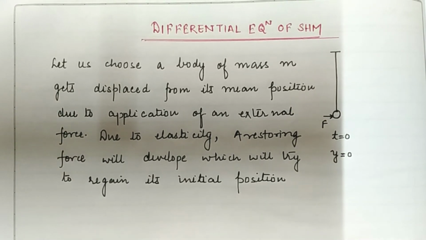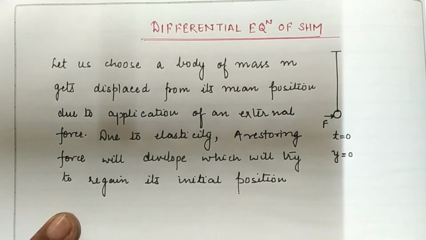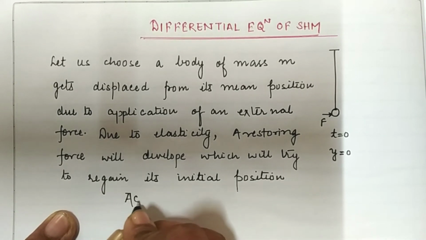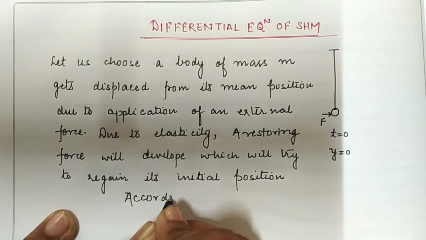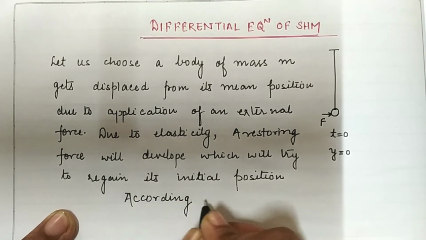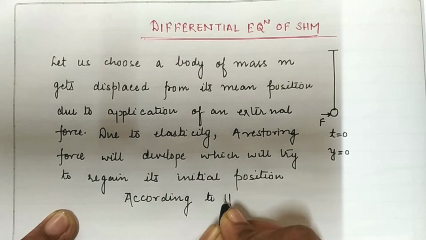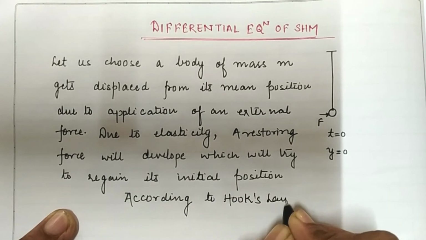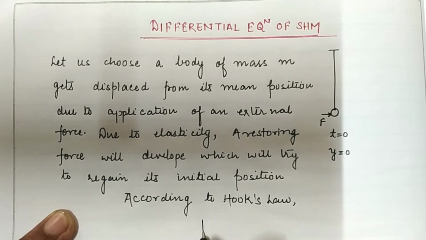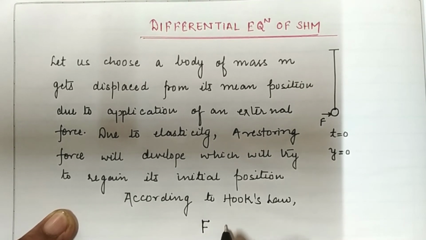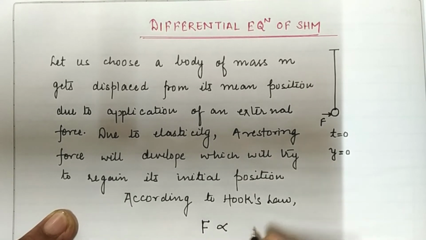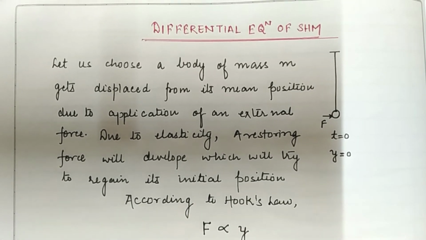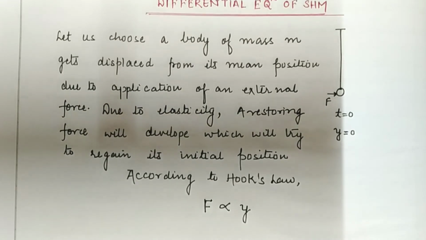So children, in this condition, according to Hooke's law of restoring force, the deforming force F will be directly proportional to the displacement from its mean position, but in the opposite direction.